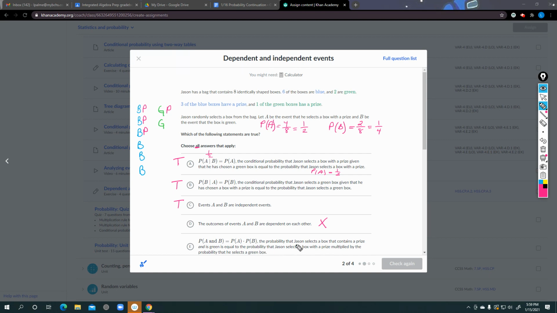This would also be true because the probability that Jason selects a box that contains a prize is 1/2, and the box is green is 1/4. We have here the probability that Jason selects a box with a prize multiplied by that. So it would be 1/8. So we have 1/2 times 1/4 here is 1/8, and then 1/2 times 1/4 here is 1/8. So that would also be true.